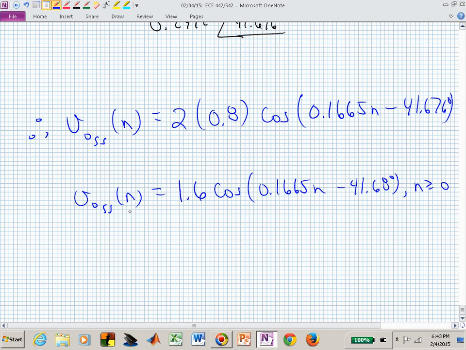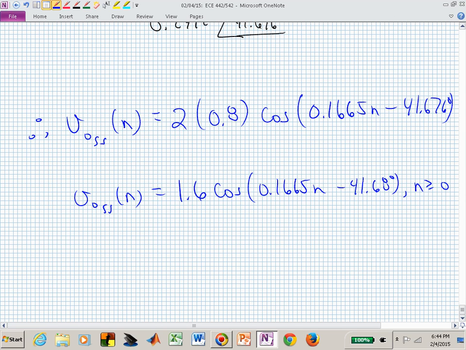And that should look somewhat consistent with what we had in the continuous time case. Did we have 1.5 something cosine of 500 little t minus 40 degrees? I think it was something like what we had for v of t.